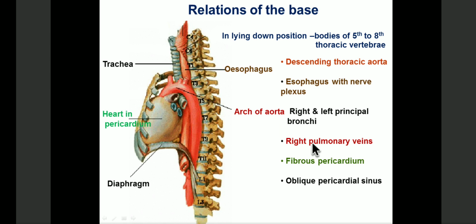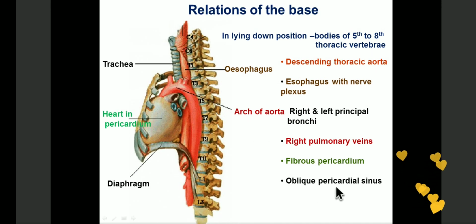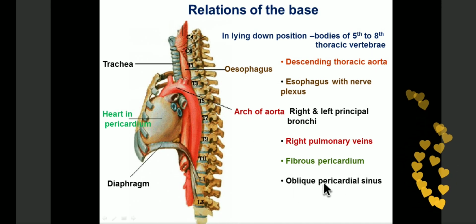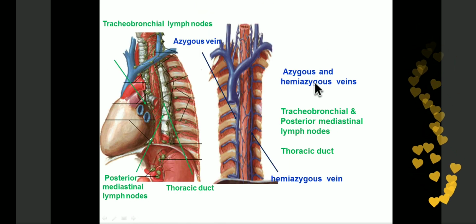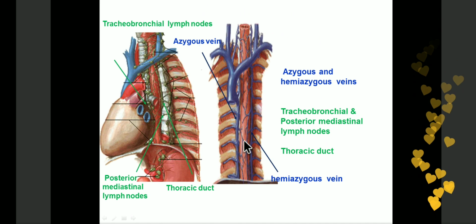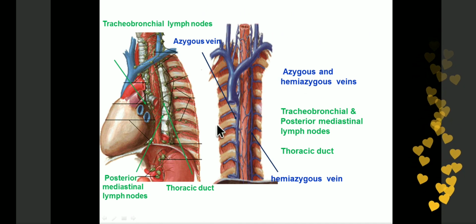The pulmonary veins, definitely, are going to open into the left atrium, so the pulmonary veins will form the posterior relation, along with the fibrous pericardium, and lying in relation to the pulmonary veins and the left atrium, the oblique pericardial sinus. Apart from that, the azygos and the hemiazygos veins also will form posterior relations.